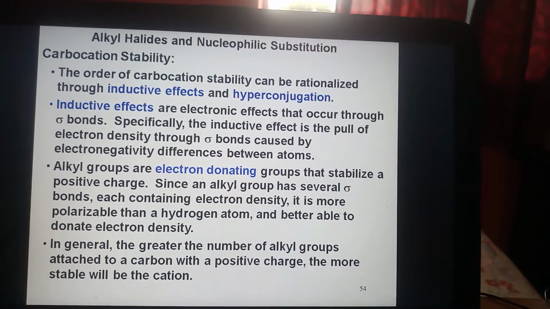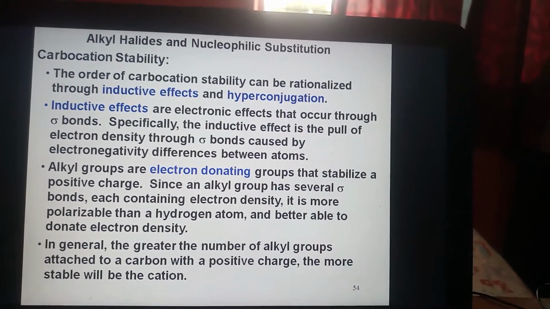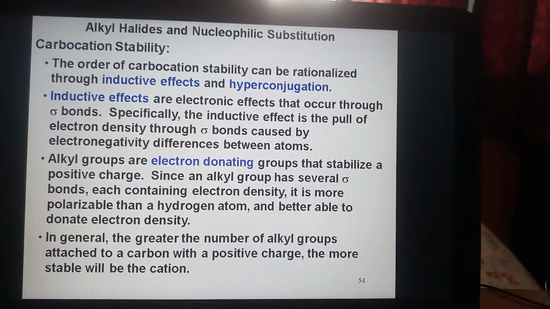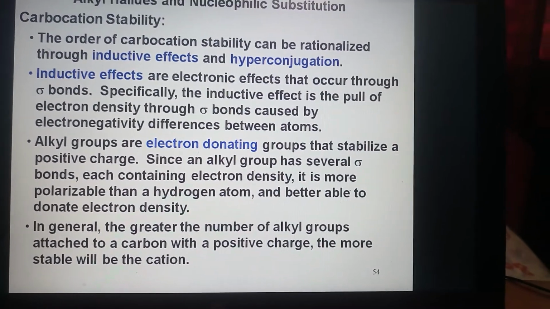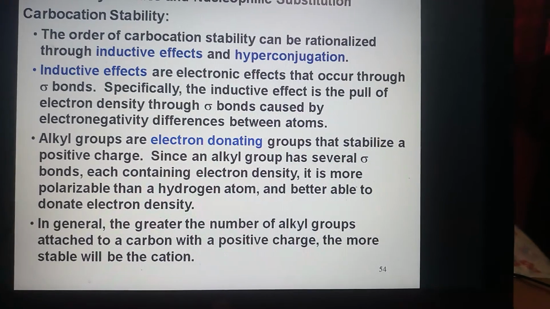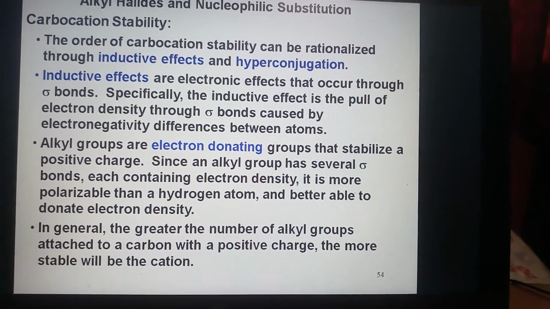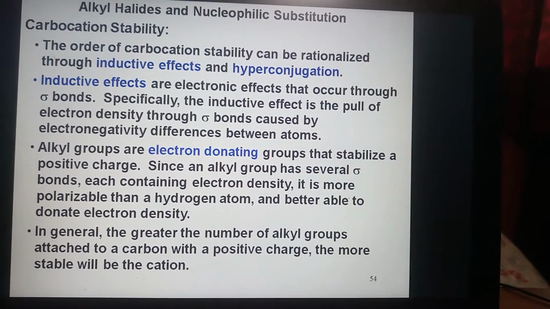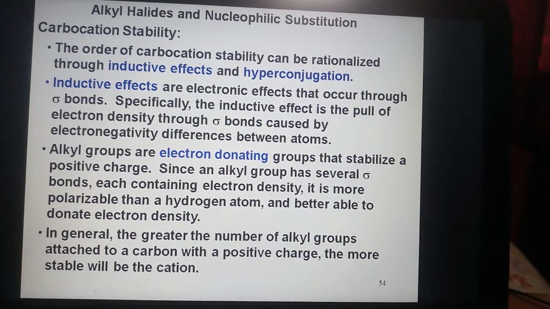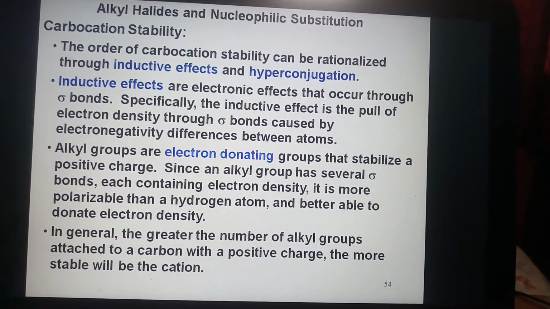Since an alkyl group has several sigma bonds, each containing electron density, it is more polarizable than a hydrogen atom and better able to donate electron density. In general, the greater the number of alkyl groups attached to a carbon atom with a positive charge, the more stable the cation will be.